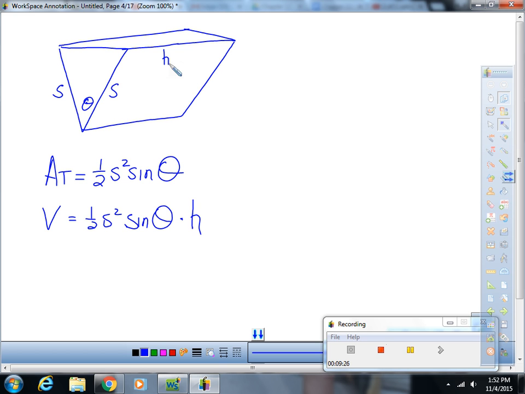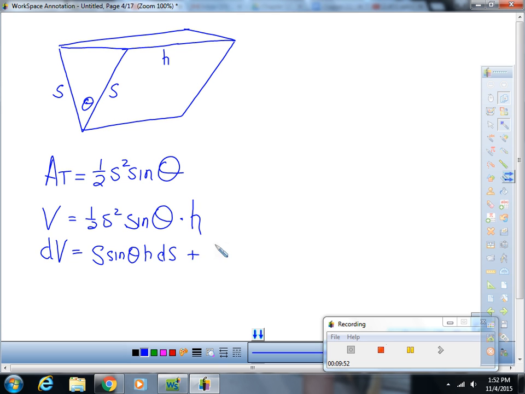So dV, our total differential, is going to be, we have to differentiate it with respect to s first. So 2 times 1/2, so s sine theta h ds, plus, take the derivative with respect to theta next.